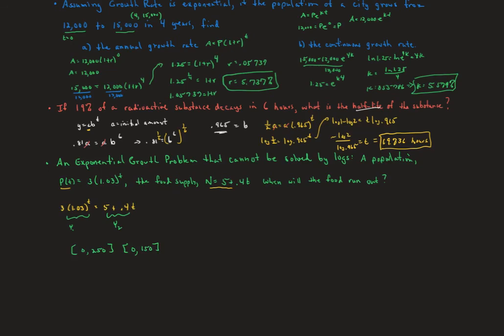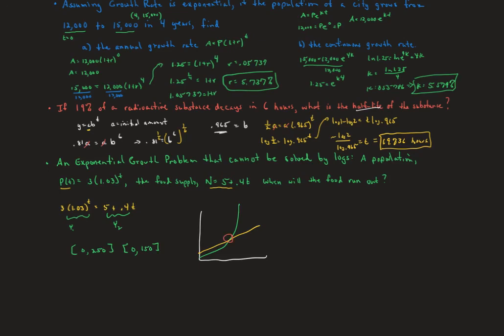So then when you graph that, it's going to look something like this. I'll try to reproduce that graph here a little bit. So the exponential is going to look something like this, and the linear is going to look something like that. And we are trying to find that point of intersection.